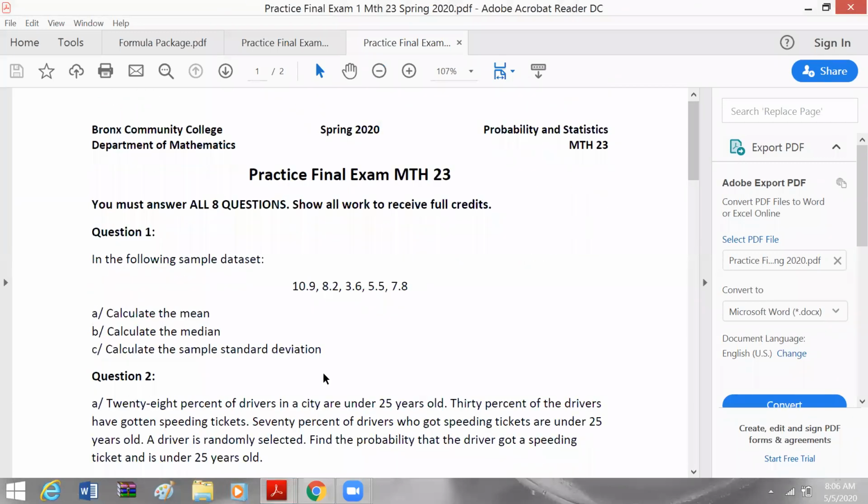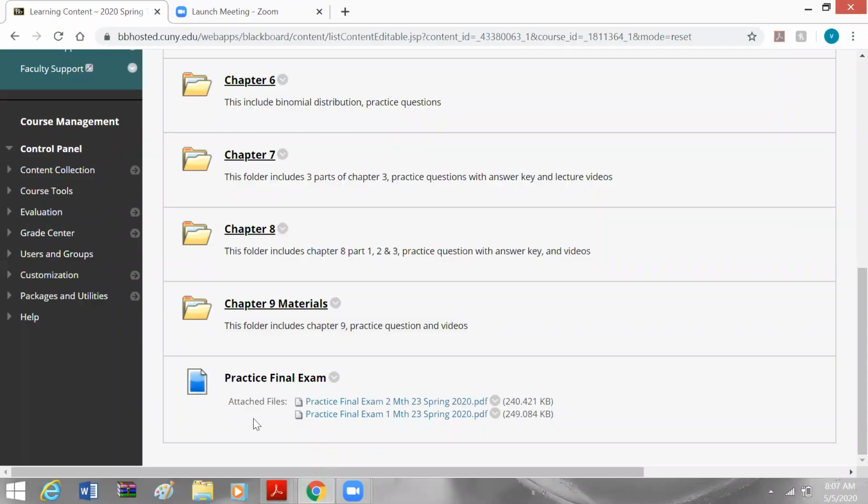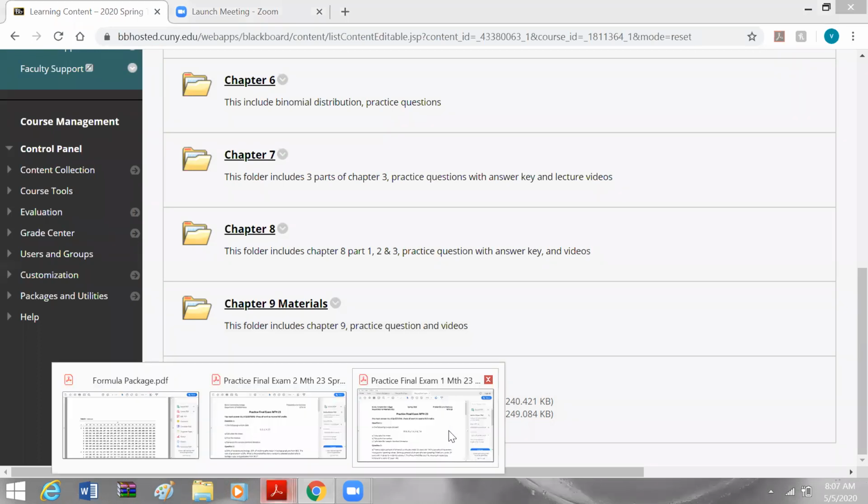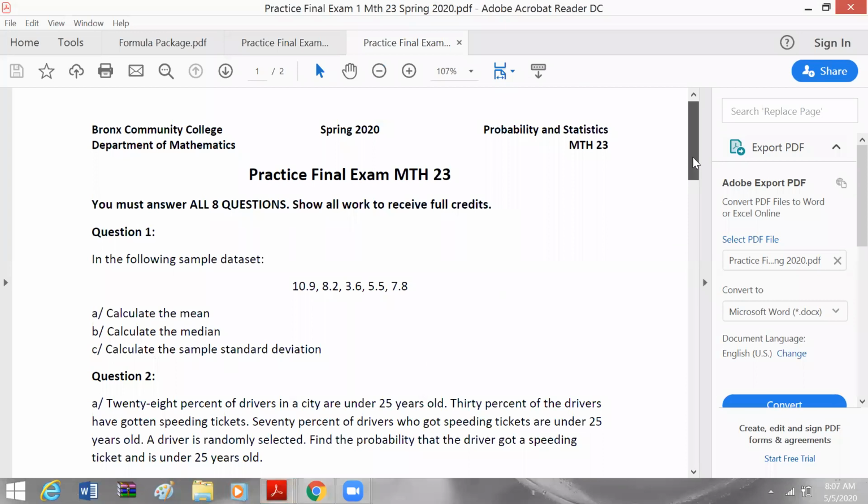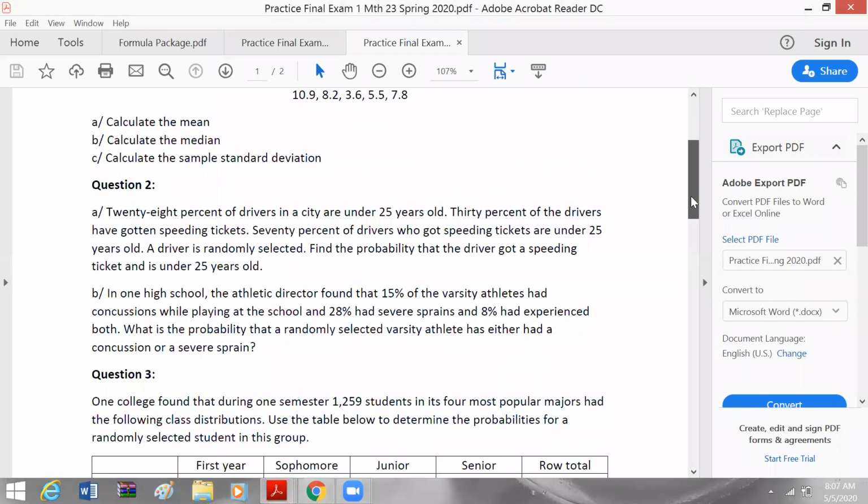So I see a lot of struggle as people work on the practice final exam that I posted on Blackboard. I really want you guys to be able to work on this problem, and that's basically from the math final exam practice.